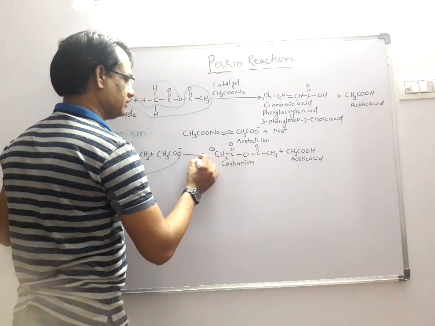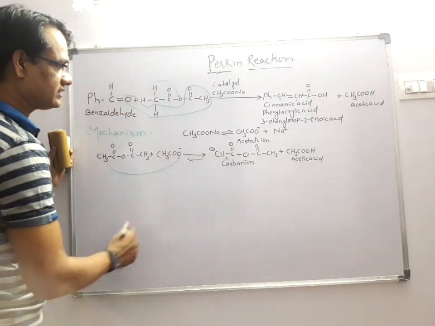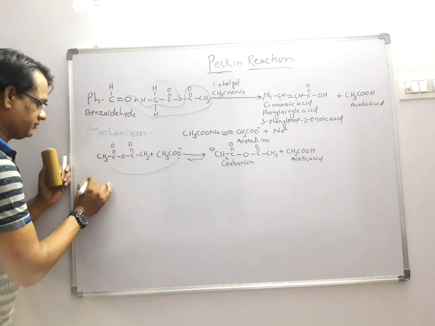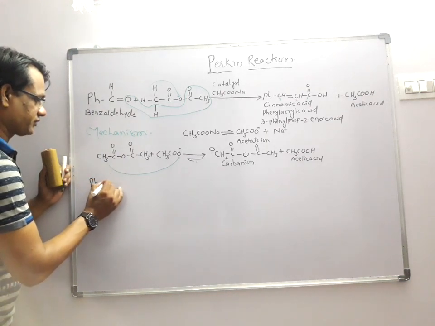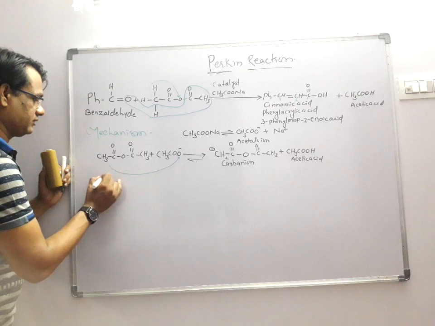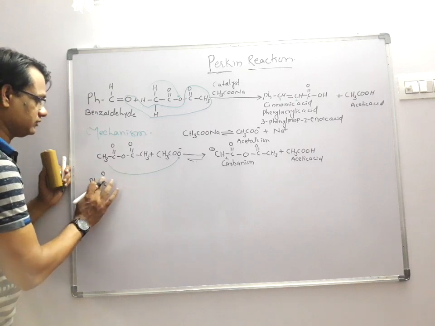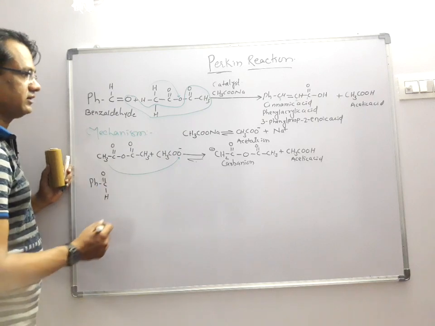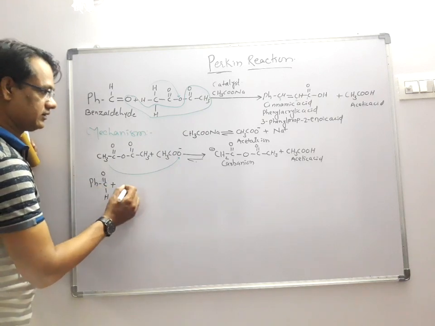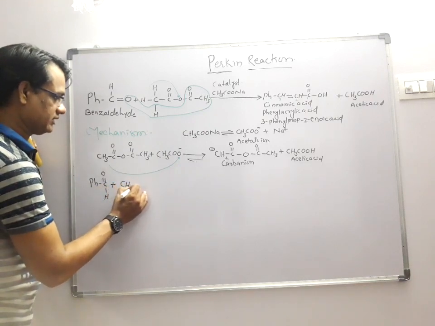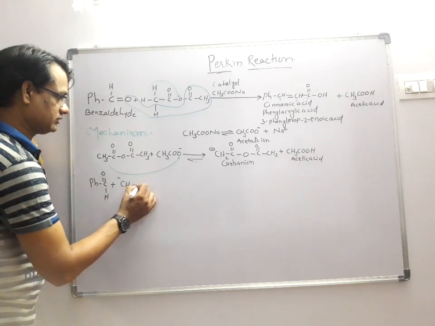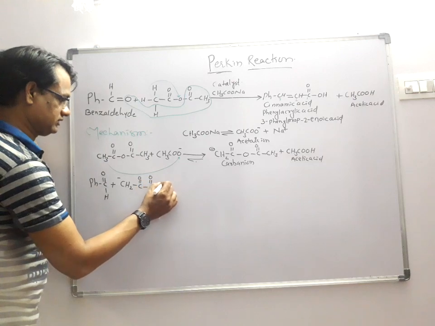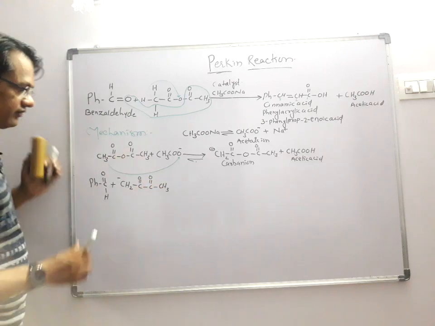And this one is the carbanion. In the next step, the benzaldehyde, that is Ph C=O with H, will react with CH2 minus C=O, O, C=O CH3.